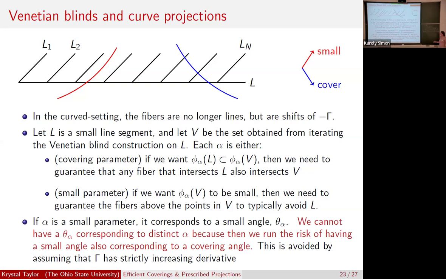The issue is we run the risk of having a small angle also corresponding to a covering angle. So if we wanted to improve our theorem and have some object that doesn't have monotone derivative, we run into this sort of error. That's the limitation of the technique, because a given parameter can only do a single duty; it cannot be a covering direction and a small direction. So this is avoided by the hypothesis.